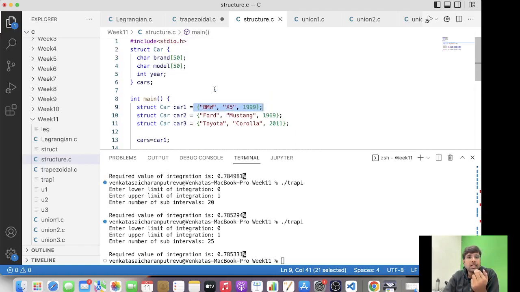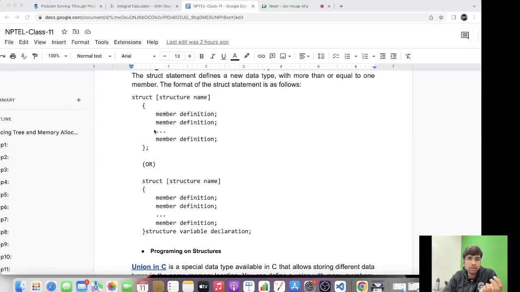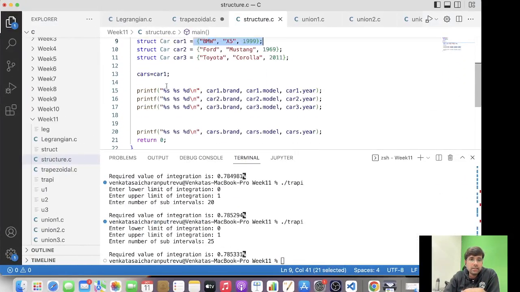There are two kinds of representation, initialization of the structure. One is struct with members, and another is struct with members where you define the variable here, so that it can be used later in the program. I just did the same thing.